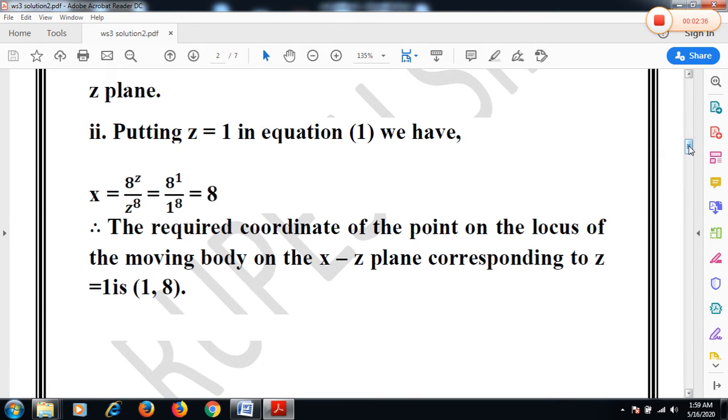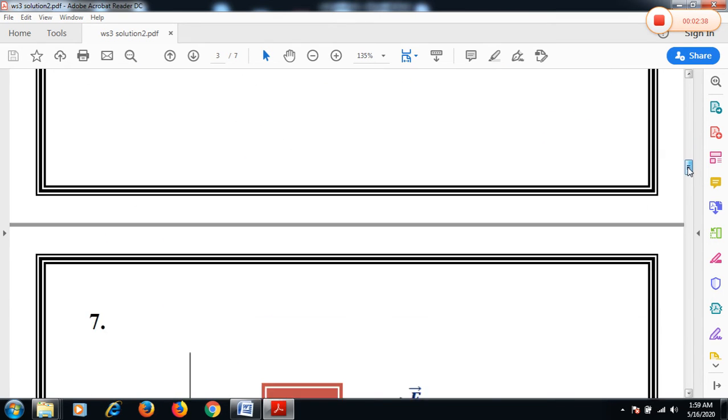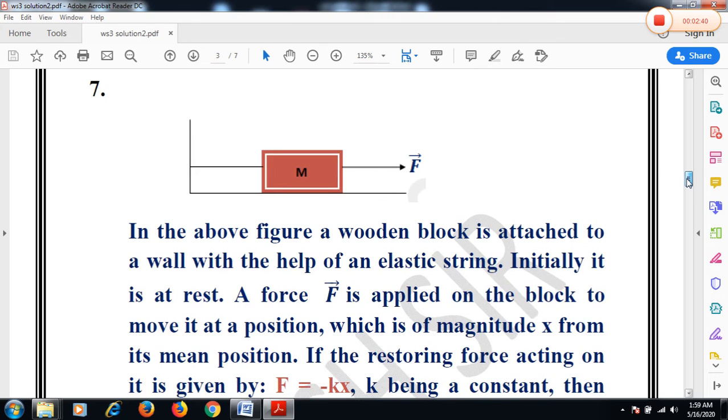Let us move forward to the next problem of this set. Let us have a look at this figure. In the above figure, a wooden block is attached to a wall with the help of an elastic string. Initially, it is at rest.